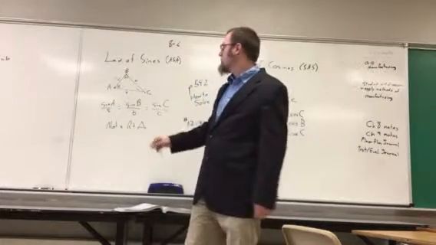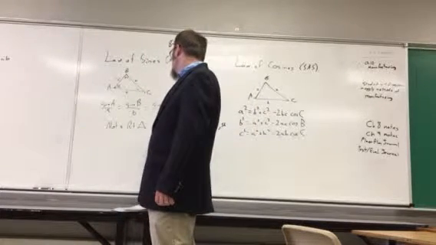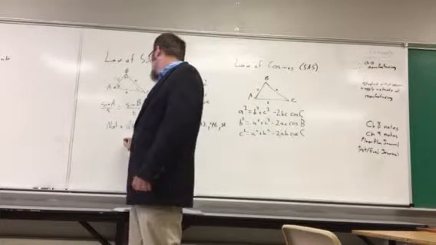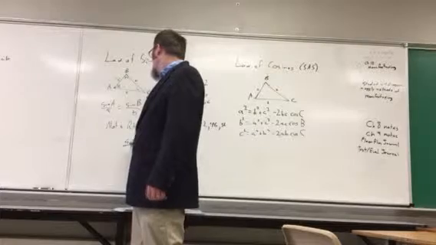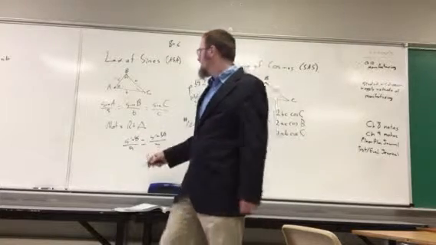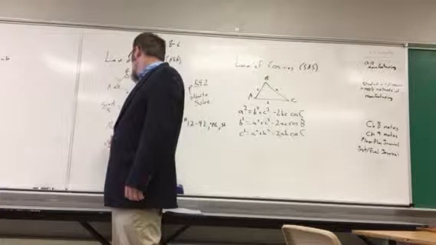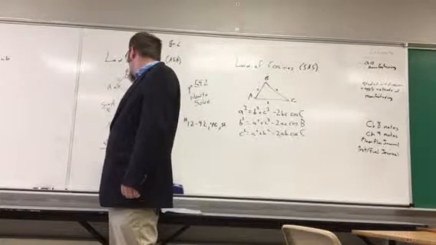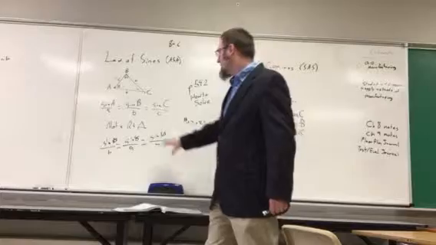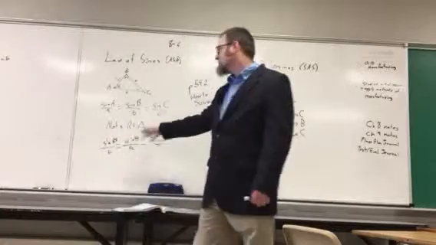So for any other side we need to solve for, we can use the law of sines and say that the sine of 50 over my measurement of 7 is going to be equal to the sine of 45 over my A, the length of that side there, and I can cross multiply to find the answer. That is equal to the sine of my 85 degree angle along with my lowercase b, my side opposite that 85 degree angle. Once again, I can scoot this over here. It doesn't matter where they are if they're all equal, and I can cross multiply using this one and come up with an answer.